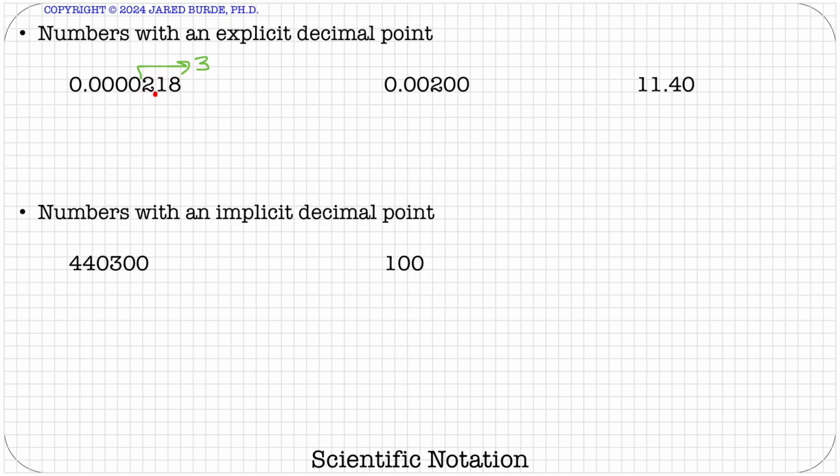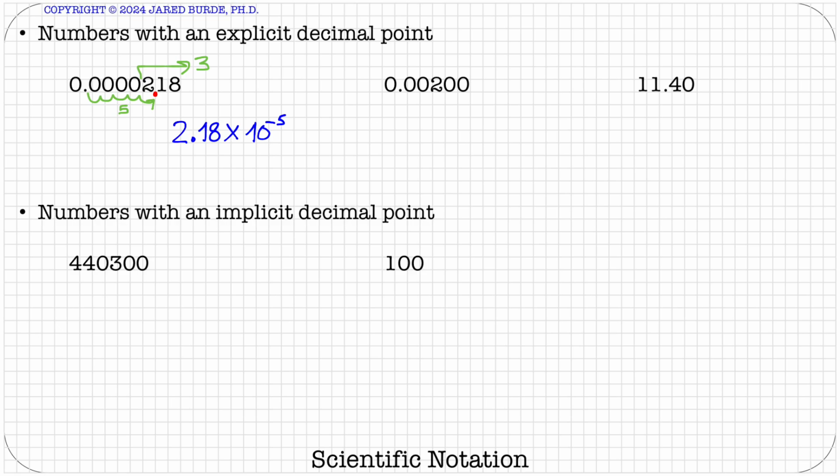I'm going to have to move my decimal place here 1, 2, 3, 4, 5 places, and so I'm going to end up with 2.18 times 10 to the negative 5. I moved my decimal place from left to right, and so I have a negative exponent. This is like I'm multiplying by 10 5 times, and so I have to divide by 10 5 times to counteract that effect.